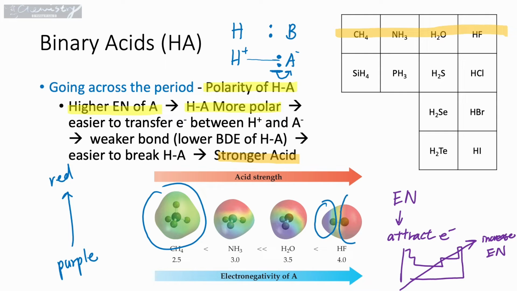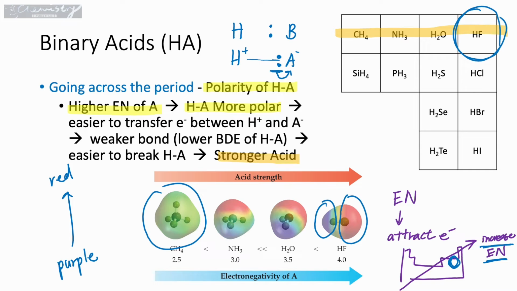You can see that for fluorine, because it's on the upper right-hand corner of the periodic table, so higher electronegativity, it's attracting all the electrons to it, leaving H with super low electron density. So it's going to be a stronger acid compared to H2O, where the electron density on the H's is low and on the O is high.